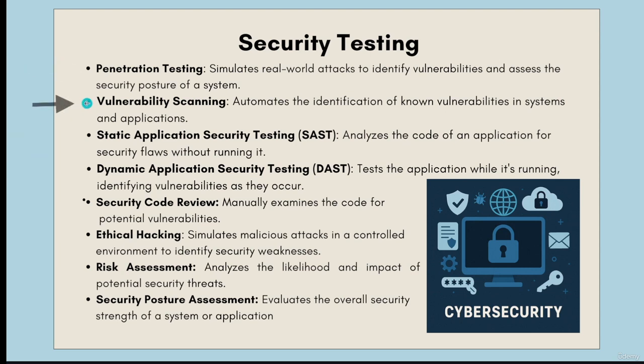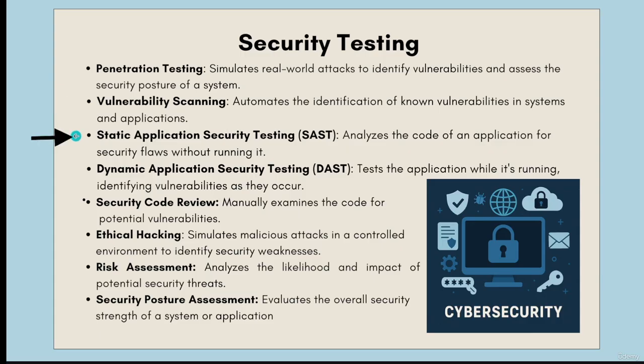Okay, then we have vulnerability scanning, which automates the identification of known vulnerabilities in systems and applications. An example would be a security engineer using Nessus, that was one of the tools, to scan a company's internal servers and find that one of them is still running an outdated version of Apache with a known remote code execution flaw.